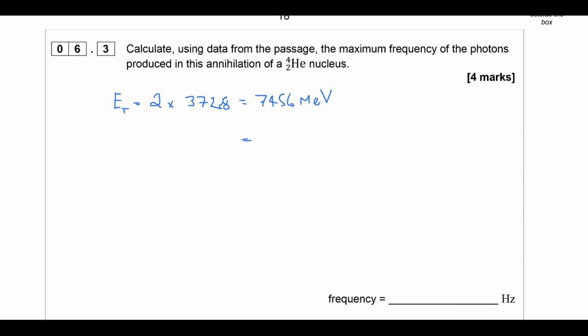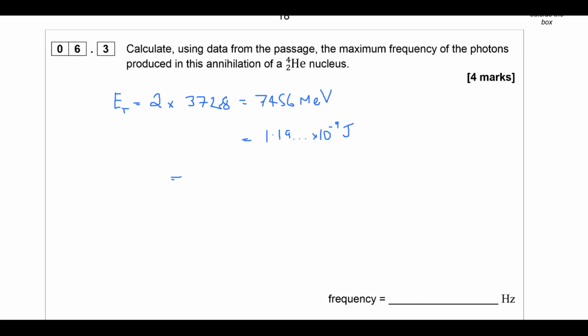So let's convert that into joules. Multiply by 1.6 times 10 to the minus 13, because it's in megaelectron-volts. That gives 1.19 and so on times 10 to the minus 9 joules. That's your total energy available.